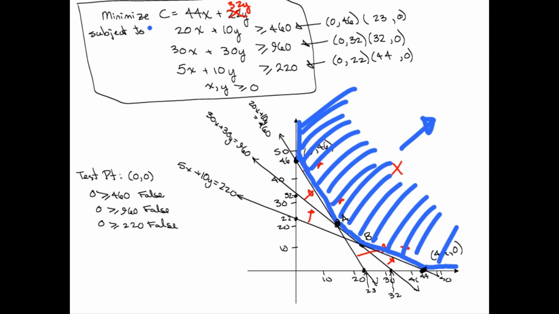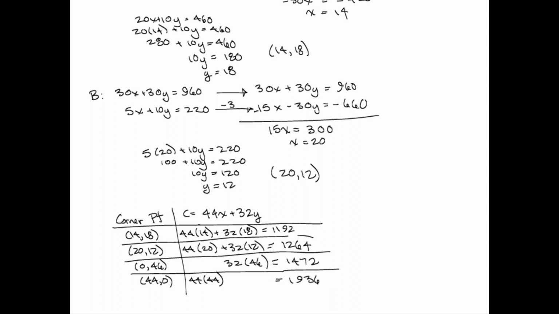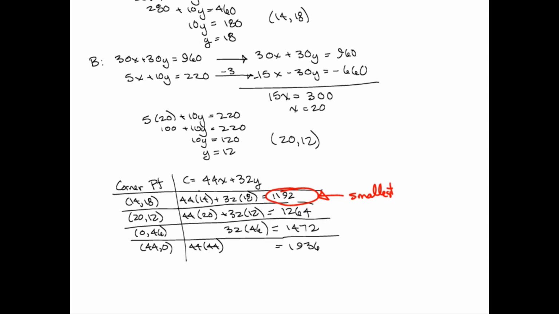So this will have no max, but it will have a minimum, and my minimum will be the smallest of those values at my 4 corner points. So the smallest is this one. So that's my minimum. And so now we're going to write down our answer.